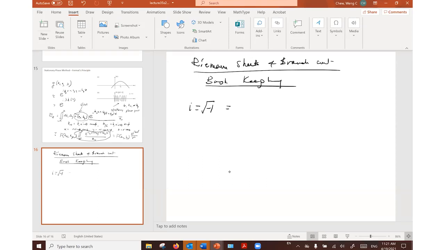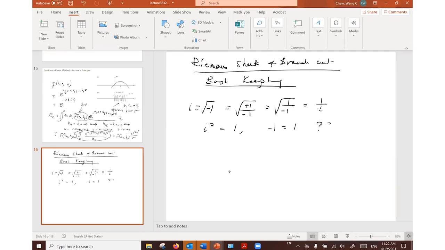I can say that i is the square root of -1, but it's also the same as the square root of 1 over -1, and hence it's the square root of 1 over i, and then you get 1 over i. If you multiply again across, you get i squared is equal to 1, you get -1 equal to 1. So this is a puzzle. Why is this the case?